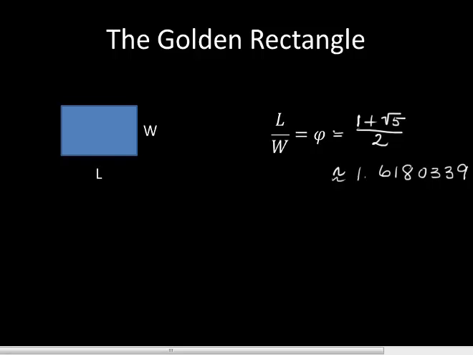Before I define the golden rectangle, I'd like to just review for a minute how we met phi in Chapter 2. We looked at the Fibonacci sequence, and at one point we looked at ratios of a Fibonacci divided by the one before it.